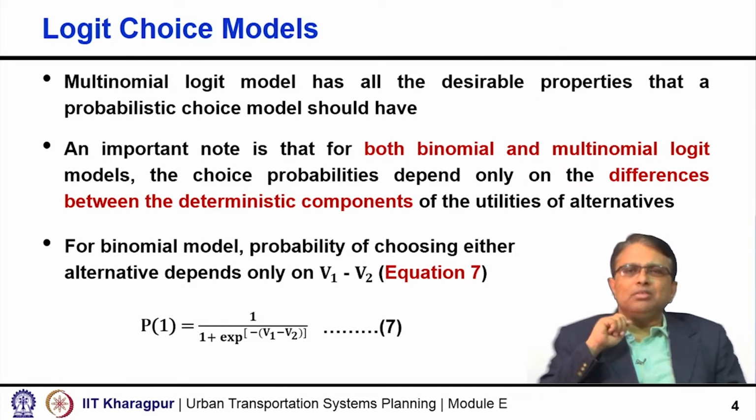How does it happen when there are more than 2 alternatives? In the more than 2 alternative case also, it is basically the difference.